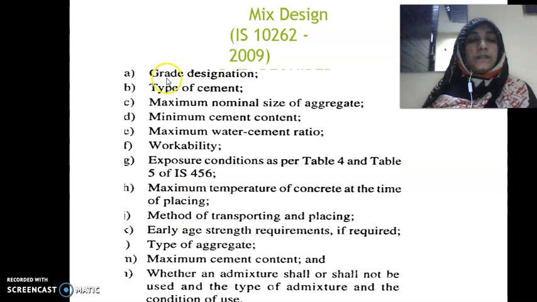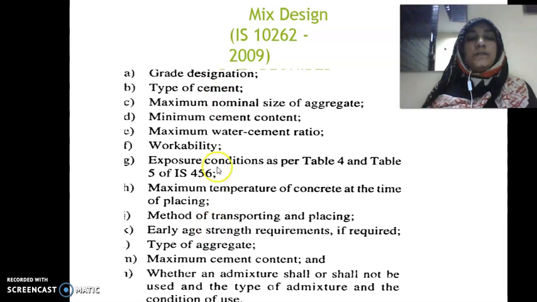First, we require grade designation, type of cement, maximum nominal size of aggregate, maximum cement content, maximum water cement ratio, workability, exposure conditions as per Table 4 and Table 5 of IS 456, maximum temperature of concrete at the time of placing, method of transporting and placing, early age strength requirement if required, type of aggregate, maximum cement content, and whether an admixture shall or shall not be used.